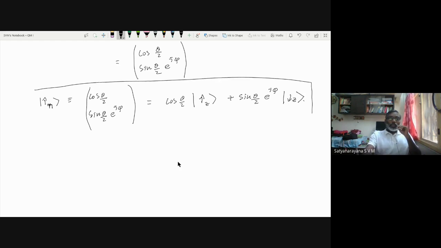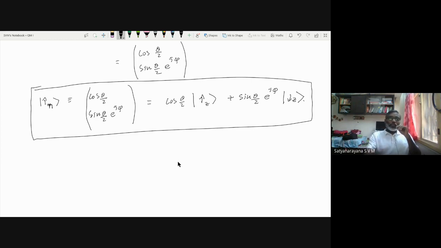So if you take up x, then what happens? Your theta is equal to 90 and phi is equal to 0. That will be your x-axis. So you can get any values.